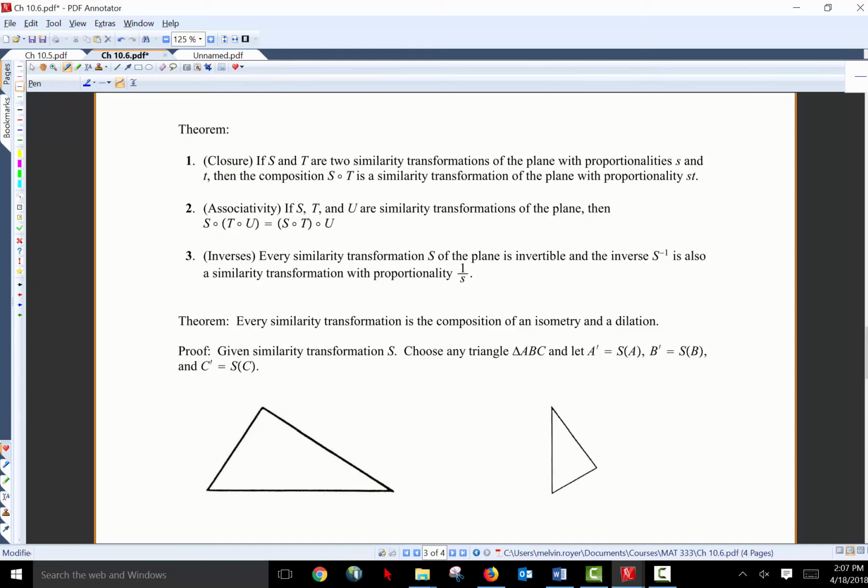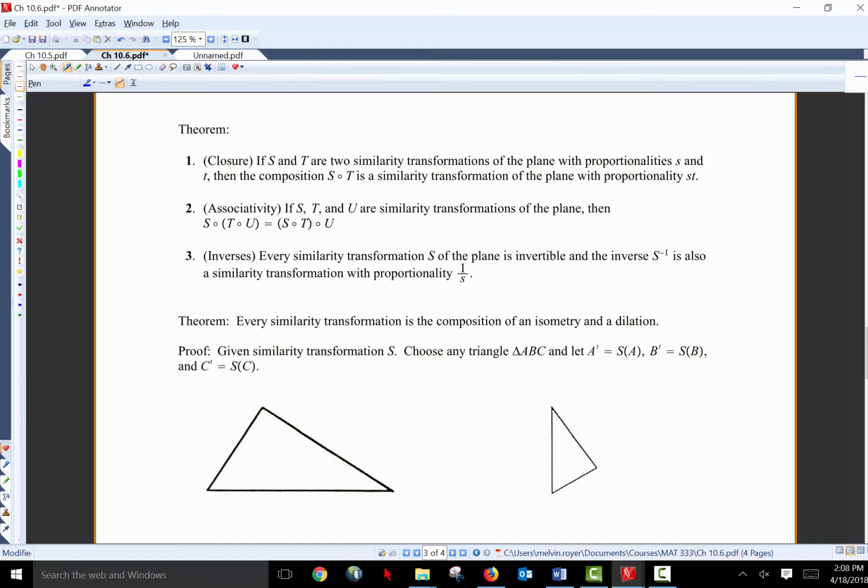And so the same question comes up as we had for isometries. If I do a whole bunch of isometries and then in the end ask, what was the easiest way to get from my starting point to my finish point? If I did like 3 reflections and 4 rotations and 2 glide reflections and a translation, we had a theorem that said that whole thing is going to be either a rotation, a translation, a reflection, or a glide reflection, just one isometry.